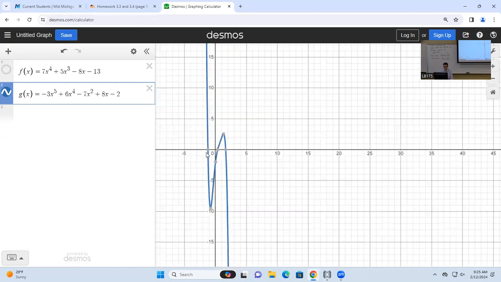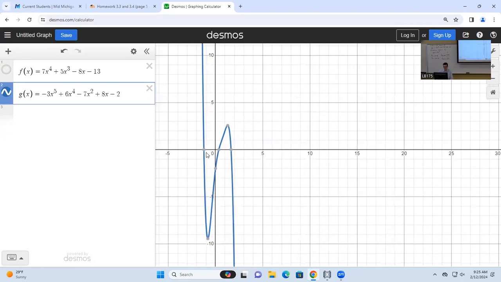But again, you get some awkward looking shapes in the middle here. So that's my point: the middle may look all kinds of different ways, but the end behavior is determined by that lead term. Okay.